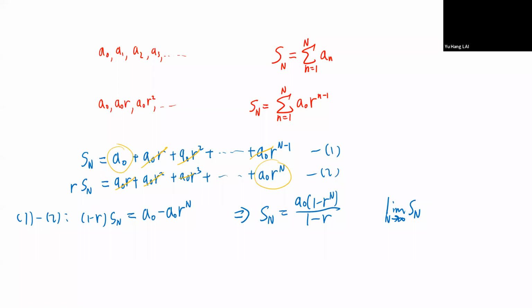And I want to ask whether this limit exists. That means whether this limit will give me a finite number, a finite constant. If that is a finite constant, then we say that this infinite series is convergent. Otherwise, we say that this is a divergent series.